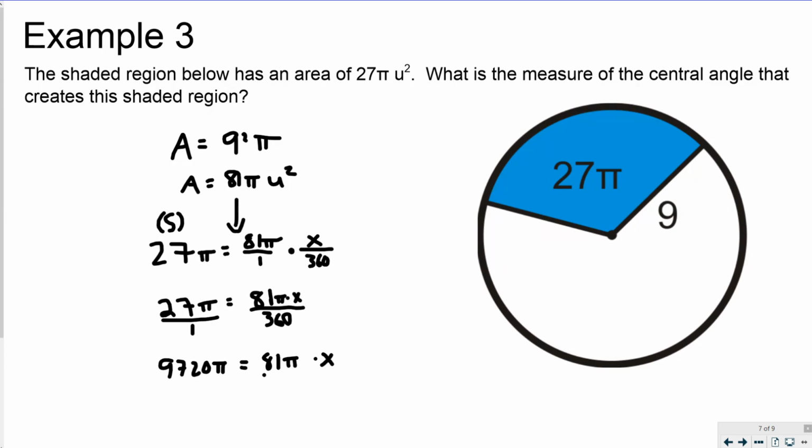So to solve for x, I'm going to divide both sides by 81 pi. And because there's a pi on both sides, I can just cancel them out right away. And then I'm going to end up dividing both sides by 81, which gives me x degrees. And so I'm going to do 9,720 divided by 81 and get 120 degrees.